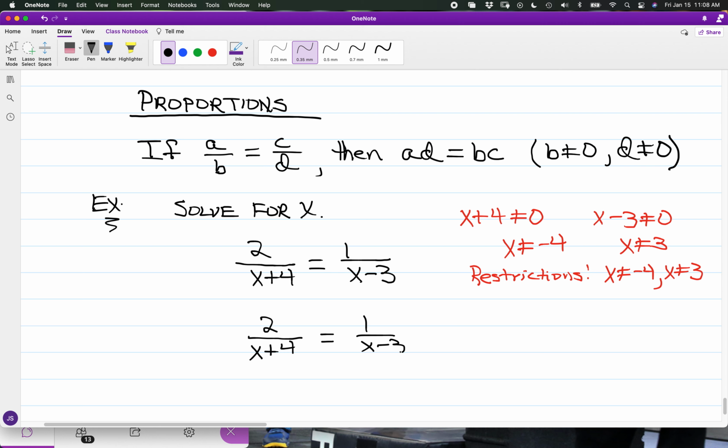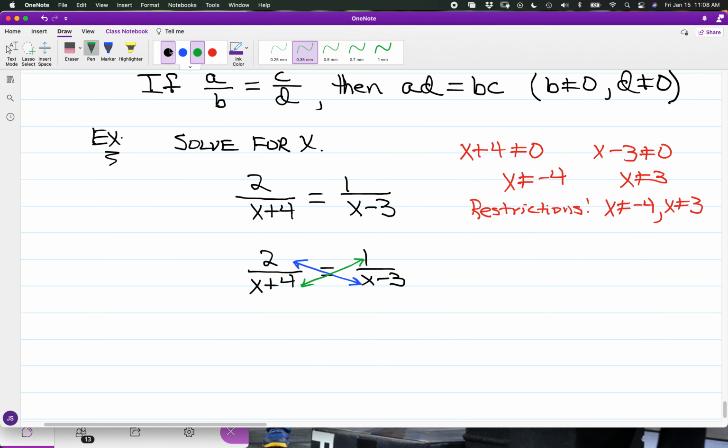In terms of mapping together, you have 2 and x minus 3, as well as x plus 4 and 1. So, just taking proportional cross products.